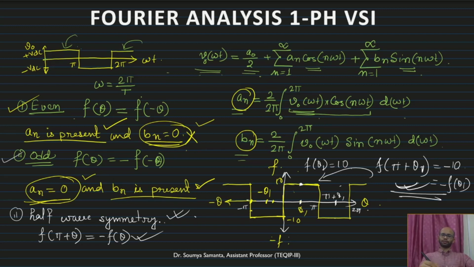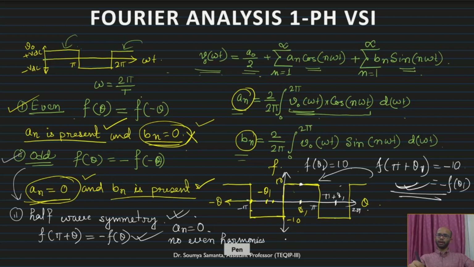Now what is the advantage if we get half wave symmetry? Obviously first it is odd symmetry, then only we check this one. Whatever condition is satisfied for odd symmetry remains the same here, that is an will be 0, and in bn there will be no even harmonics. What is the meaning of that?